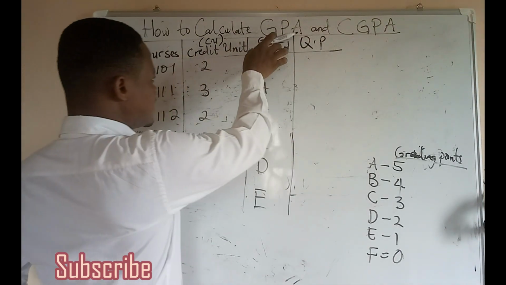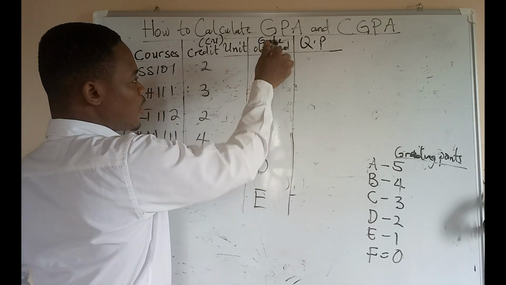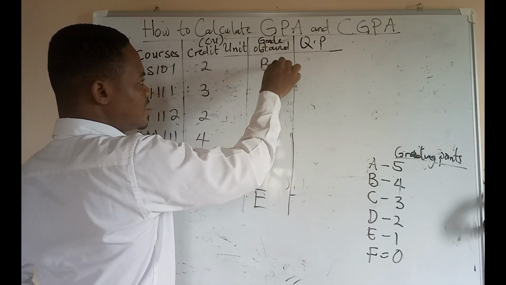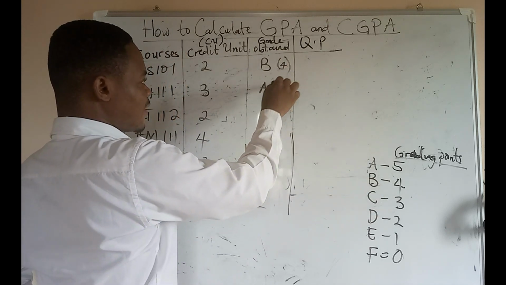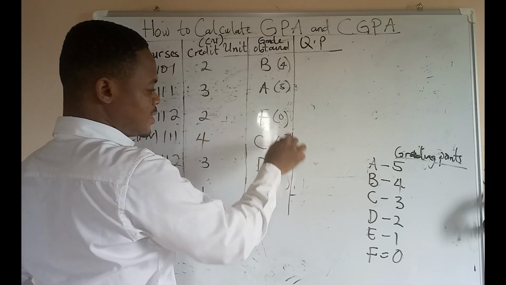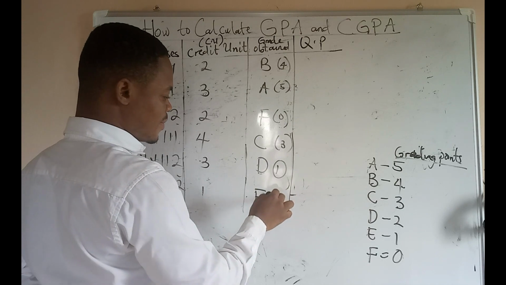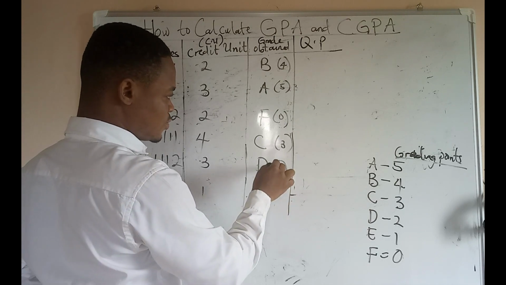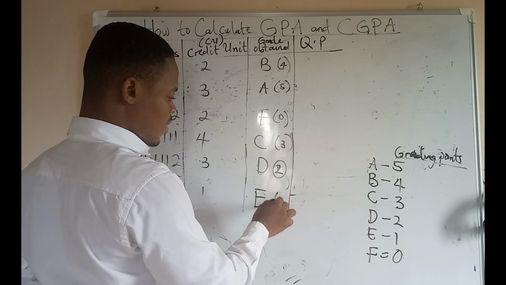So if you look at this, the grading point here for B is 4, A is 5, F is 0, C is 3, D is 2, and E is 1.